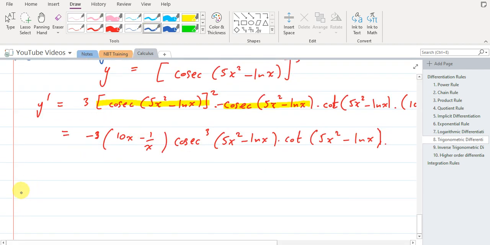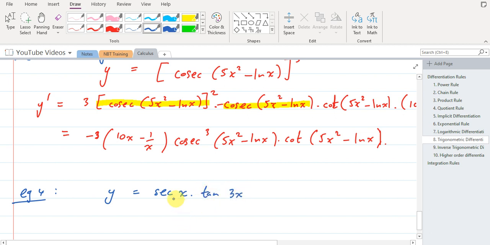How about this example 4? I want to find the derivative of this function. y is equal to sec x times tan 3x.